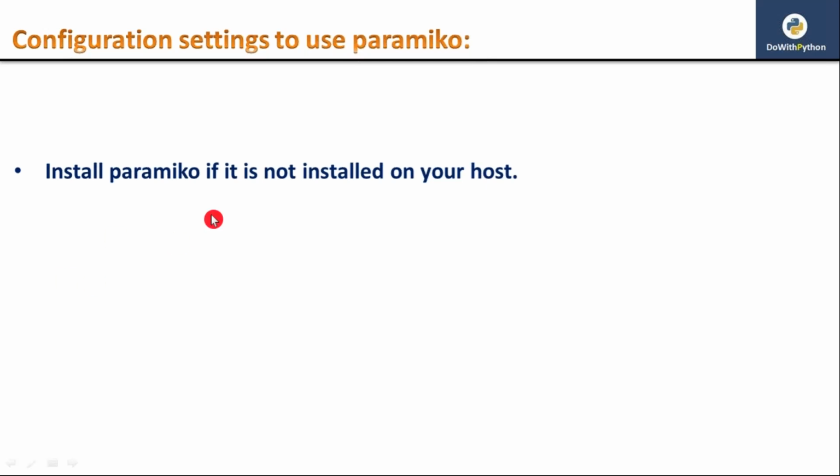And then make sure that the SSH service is up and running on your remote server. Suppose you are going to connect with some remote server; on that server, the SSH service should be up and running. Then only can you communicate with that remote server using paramiko from your local host.